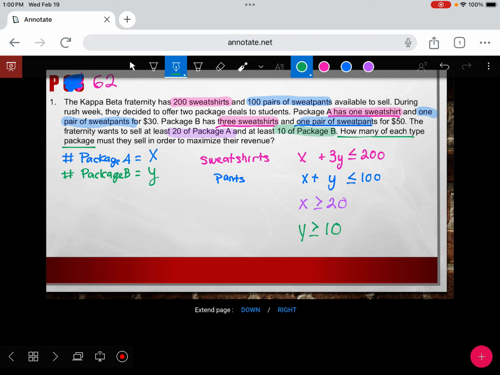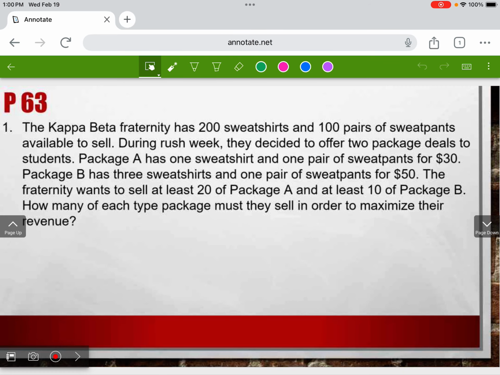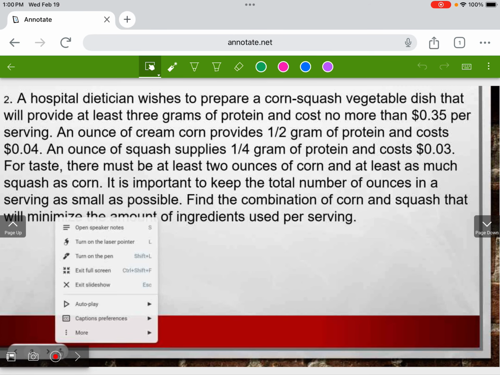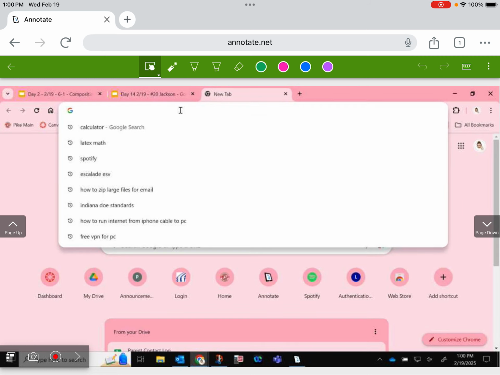But honestly, graphing this many inequalities is super gross. So I'm going to graph it on Desmos, and I'll show you how to do that. I don't know if it'll let me do it on here. Exit. I don't get a keyboard.